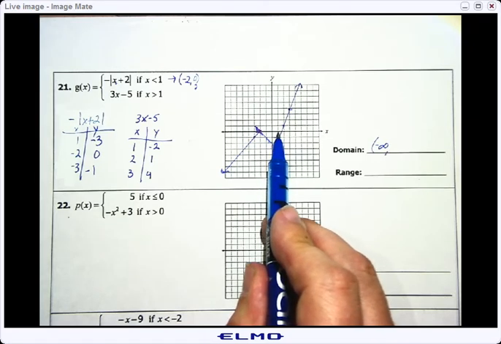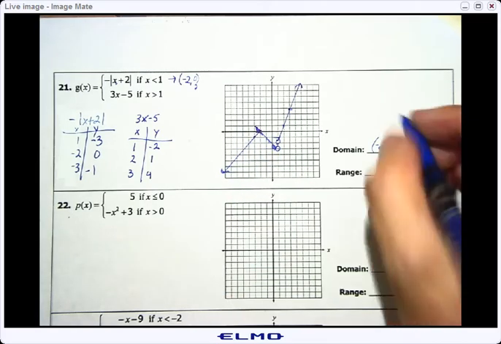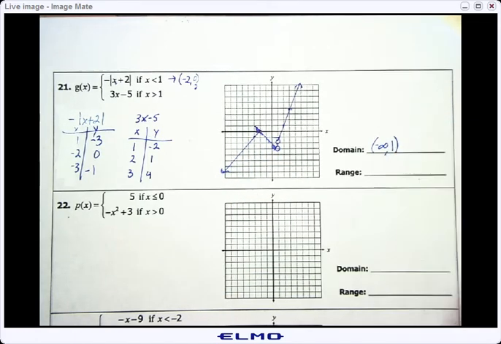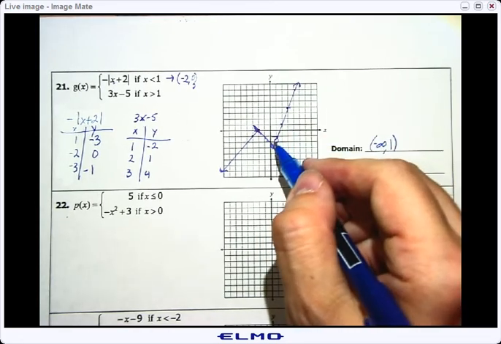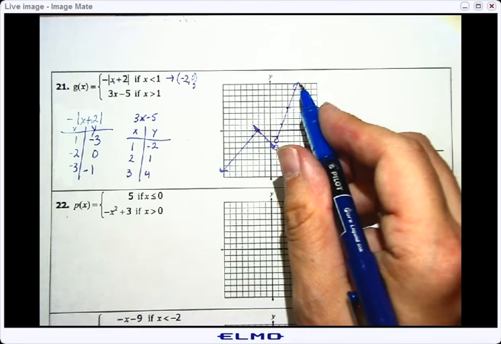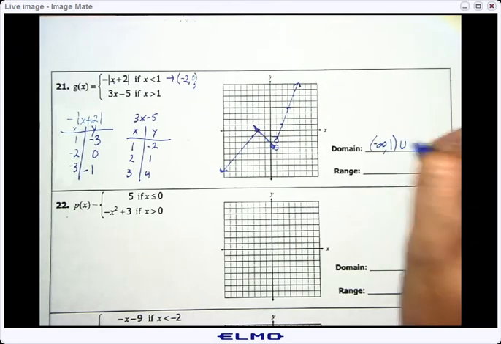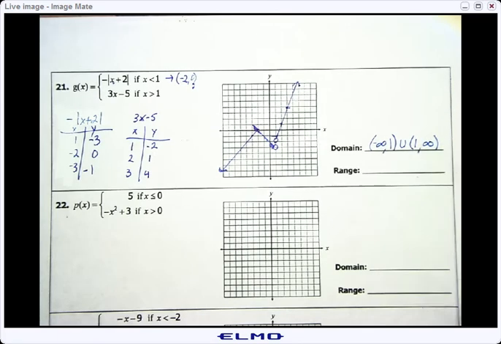So when x is 1, there is not a point on my graph. So we go up to 1, but we don't include 1. So we get parentheses. But once I get past 1, then I get back on the graph and there are no more problems. So union, pick back up at 1, go past 1, and then going towards +infinity. So that would be my domain.